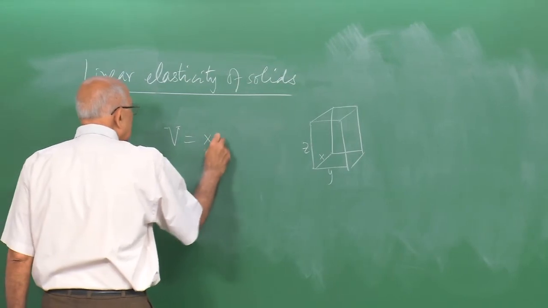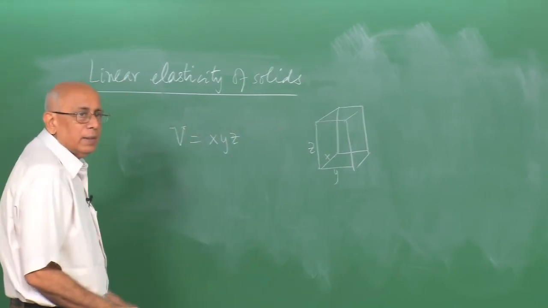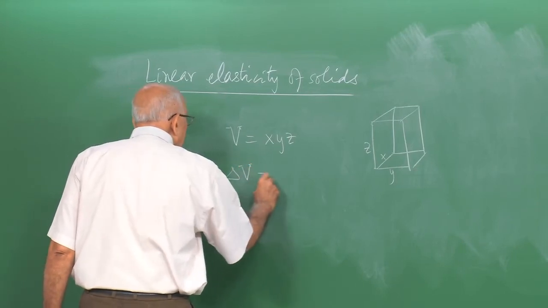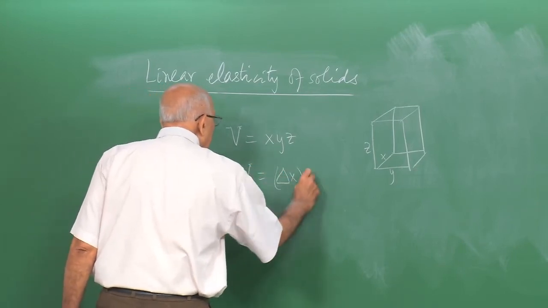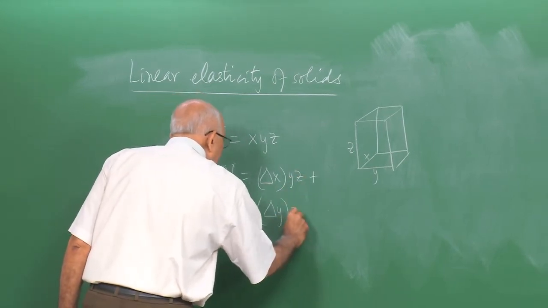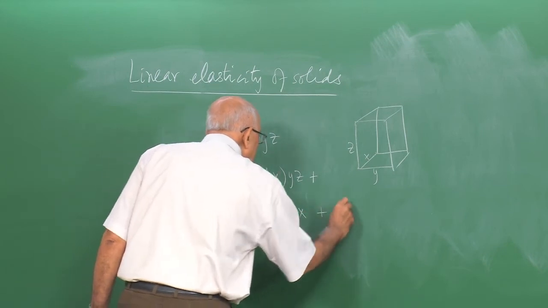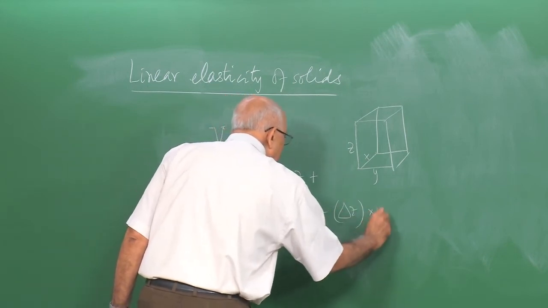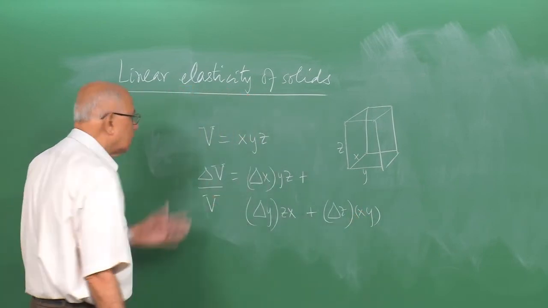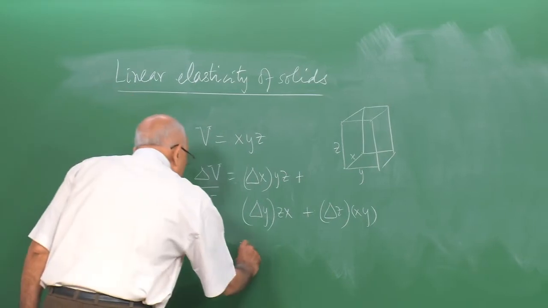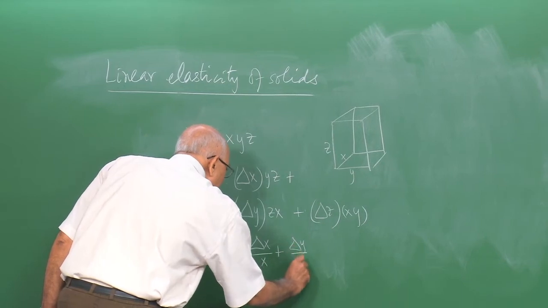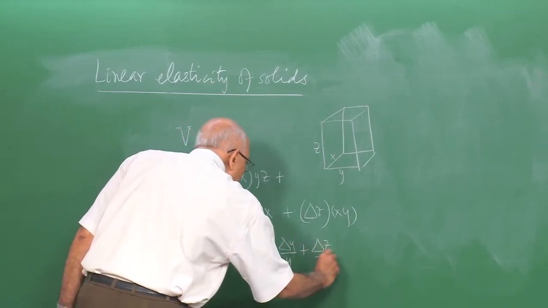then as you know the volume of this object is x, y, z, and then it's immediately clear that delta V, if I differentiate it, is delta x multiplied by yz plus delta y multiplied by zx plus delta z multiplied by xy, and therefore if you divide it by V, which is x, y, z, you end up with delta x over x plus delta y over y plus delta z over z.